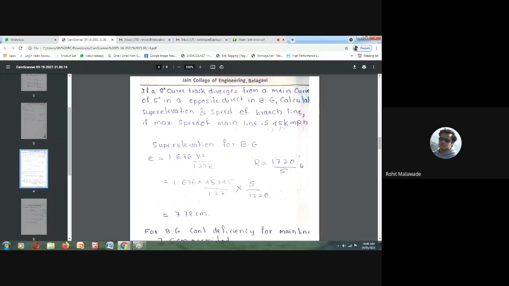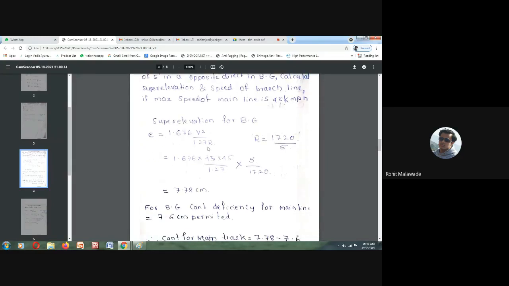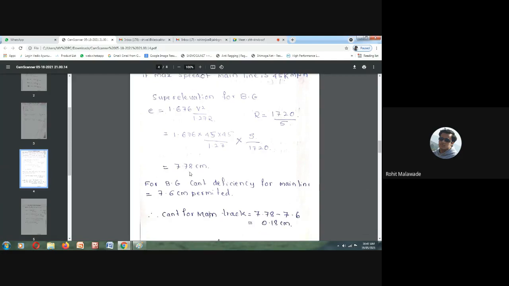So R is 1720 divided by 5, and it comes in the denominator. So if I simplify it, the super elevation for the main line, the equilibrium cant, will be 7.78.